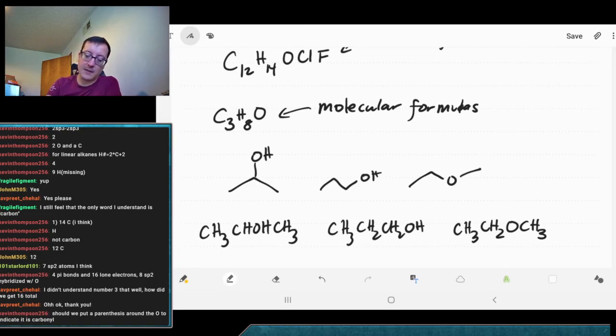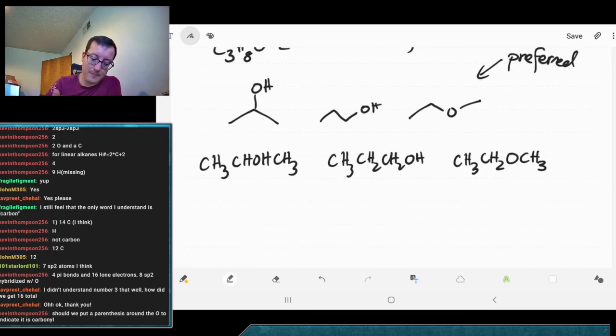So the preferred method for talking about molecules is by structure. We're no longer going to be talking about molecular formulas for anything that's organic, really. For something like water or hydrochloric acid, yeah, we can throw a formula on, no problem. But for anything that's carbon-based, we're going to need to draw the structures out.